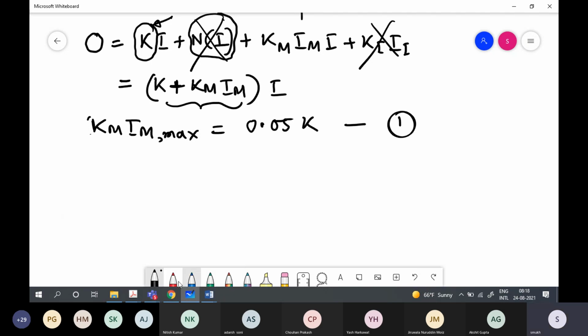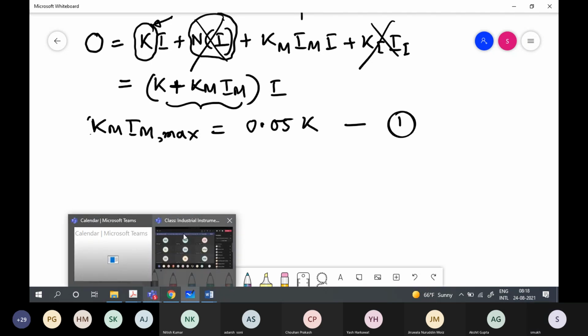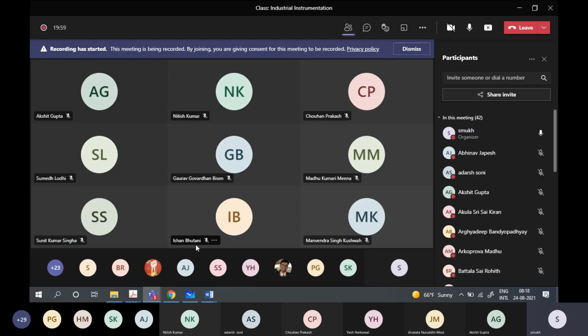Not getting this simple equation. Nitish Kumar, you didn't get the equation? Yes, sir, I got the equation. Then why are you keeping quiet?